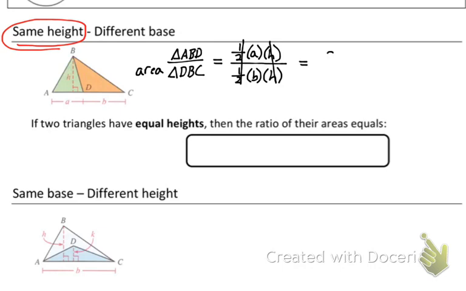So the area is just the ratio A over B. So if two triangles have equal heights, then the ratio of the areas is, and what I did here is I put base 1 over base 2, just as a little note to myself. And so it's just the ratio of the bases.